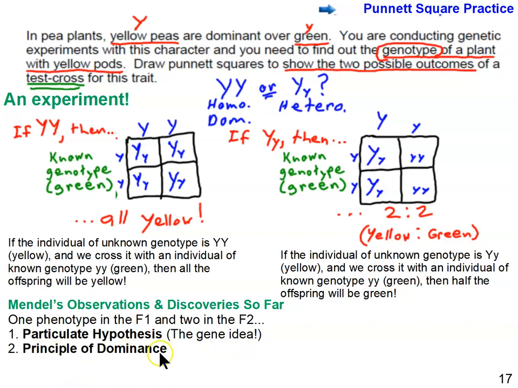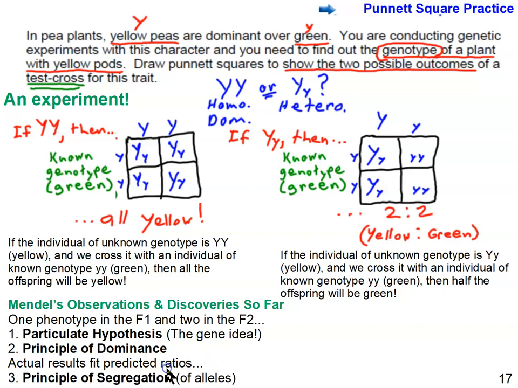It also supported the principle of dominance, that one trait dominates over the other. Masks it. One trait masks the other is a good way to think about that. And his observation that the actual results fit the predicted ratios allowed him to conclude that the principle of segregation was correct.